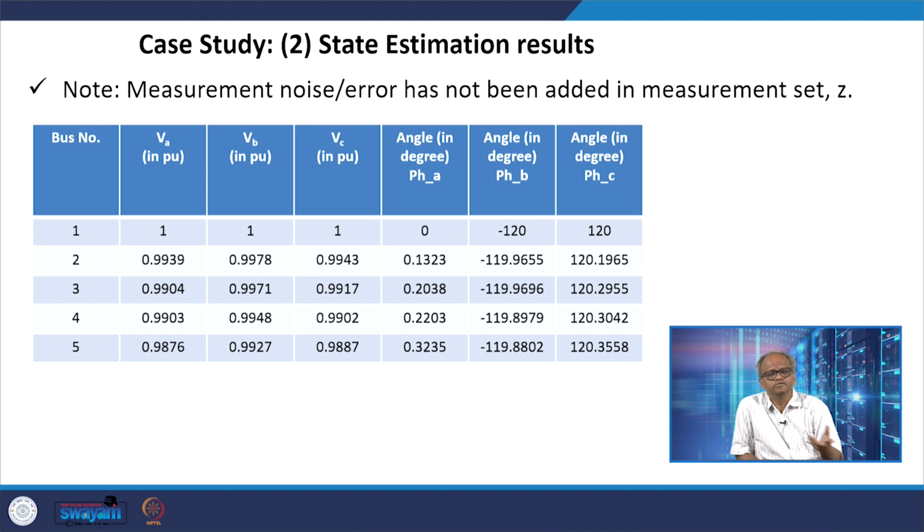They should, because if there is no noise, then these are ideal measurements. So these ideal measurement values should give me back the original voltage magnitudes and angles. Without any measurement noise, I will get the original load flow analysis values.